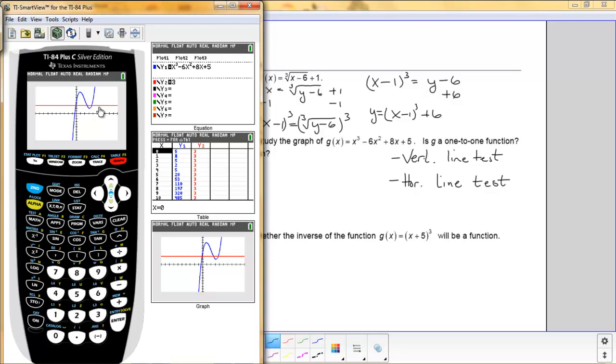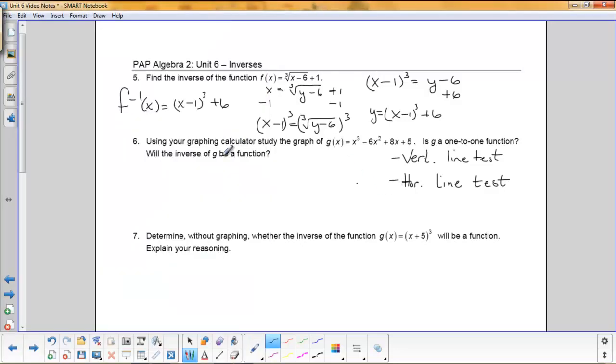In this case, it's 3 times, so it fails the horizontal line test. What that means in this particular question is the graph g is not 1-to-1. And then what does that mean about its inverse? The inverse, g negative 1, is not a function.